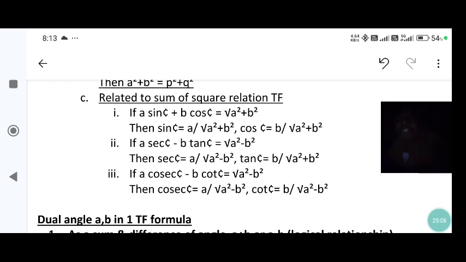Like a sin theta plus b cos theta is equal to root under a square plus b square. Then sin theta will be a divided by root under a square plus b square, and cos theta will be its coefficient b divided by the value.